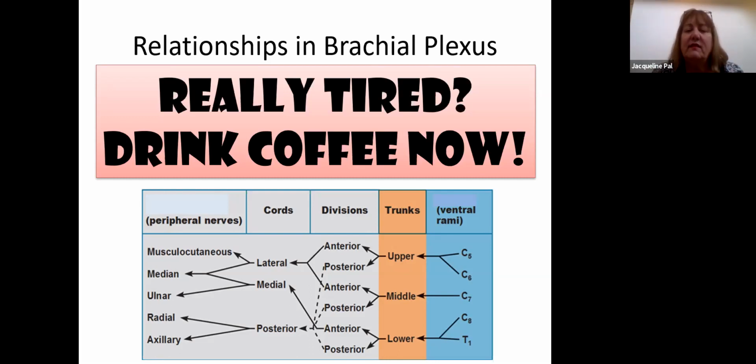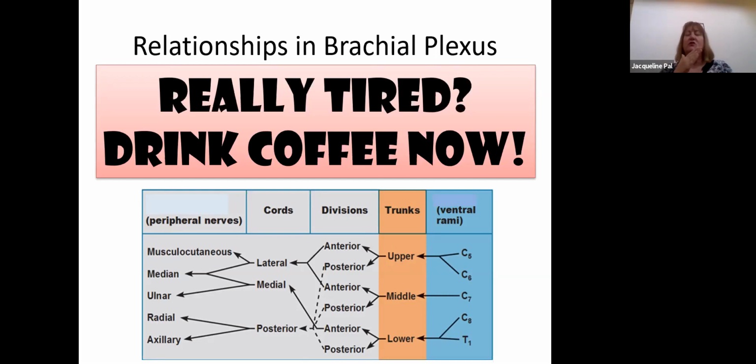So what does this mean? This means if, for instance, you were to cut one of those rami, you would not lose function in any one of those 5 nerves. You would lose a slight amount of function in multiple of the nerves, but generally the nerves would still be intact. So that's the advantage of a ramus.